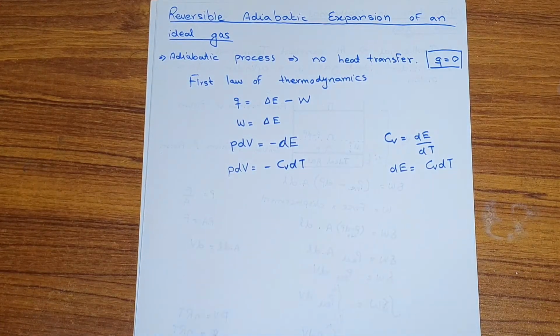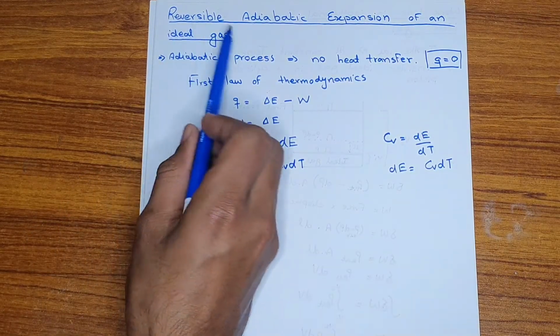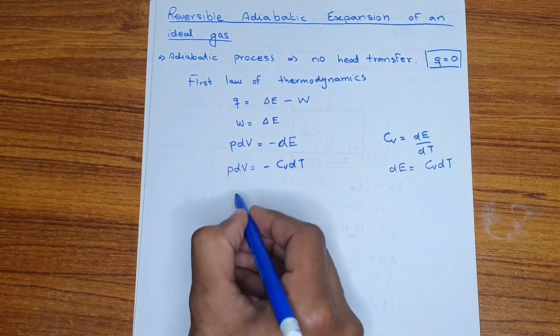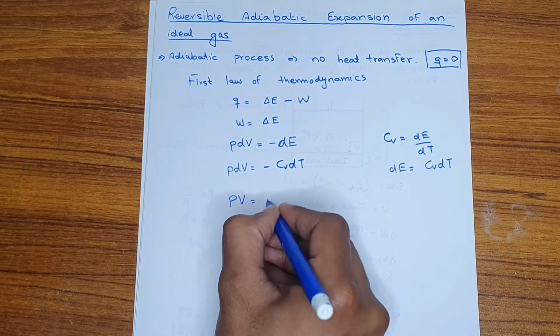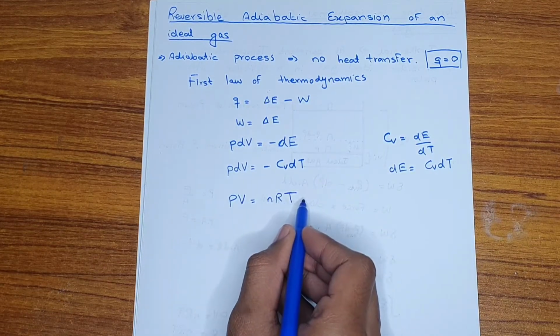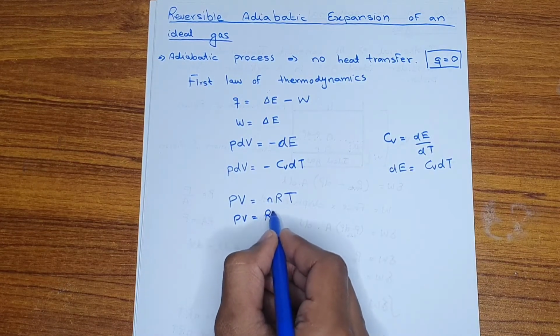Let's consider 1 mole of a gas, because we are performing the calculation for an ideal gas. You know the general gas equation is given by PV is equal to nRT, and since we are taking 1 mole of the gas, that gives me PV is equal to RT.